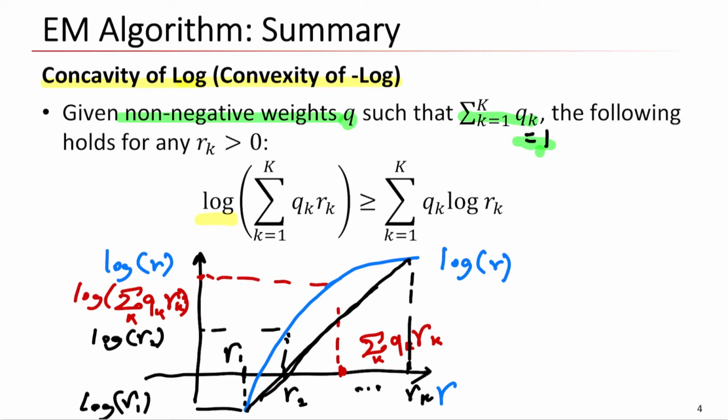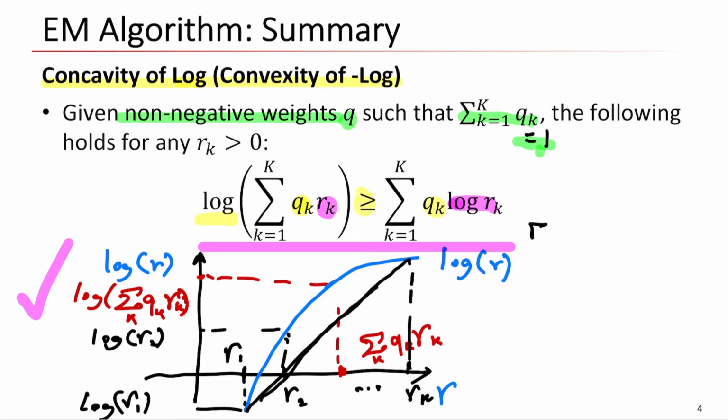So from here we can define a very interesting inequality. Let's say log of the summation of QK RK is larger than the summation of QK log RK. So from this relationship, we can derive this one from the property of the log function.